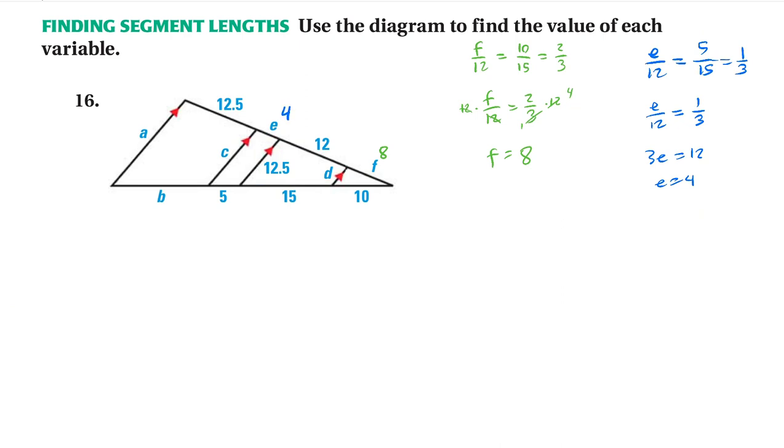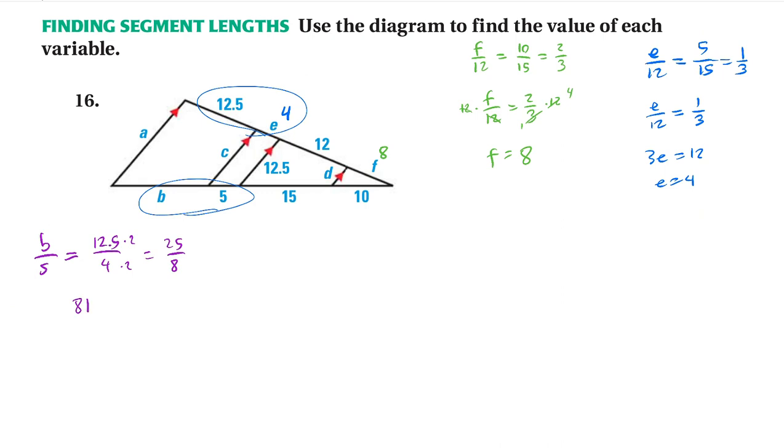So b here, and I'm just going to use these segments. Again, it's because we have parallel lines. So I know, let's do it in purple now. b is to 5 as 12.5 is to 4. And you might say, decimal, no. Let's just multiply by 2 on top and bottom. So that's really 25 over 8. Now let's cross multiply.